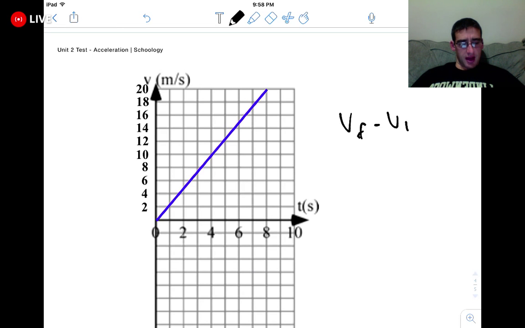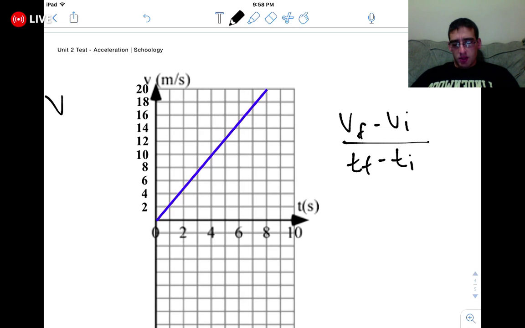VF minus VI divided by TF minus TI. So VF is my final velocity, my velocity at the end. So here's my end point. We'll call this the final point. We'll call this the initial point. So at the final point, the velocity is 20.